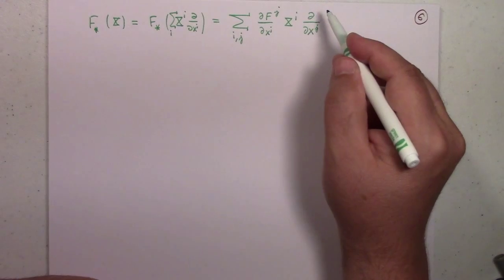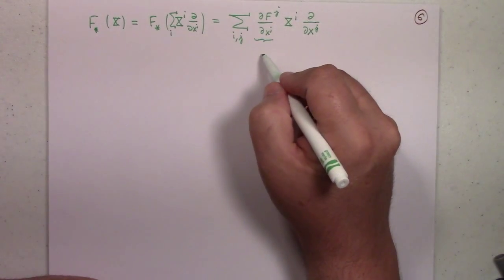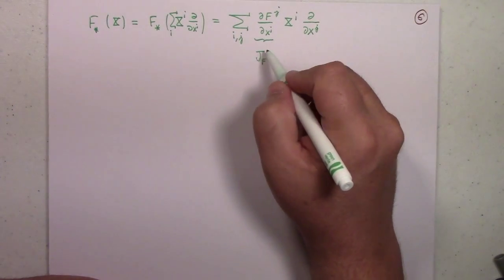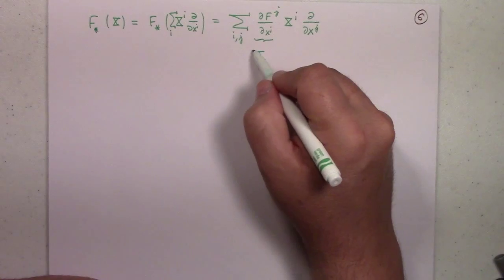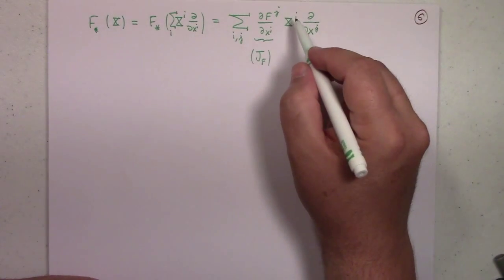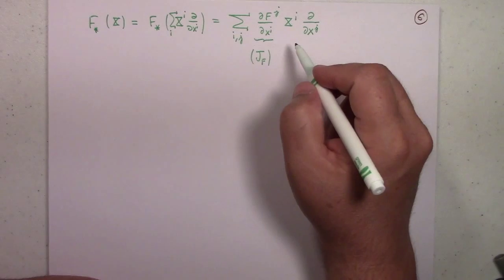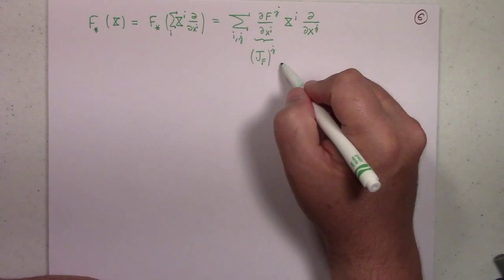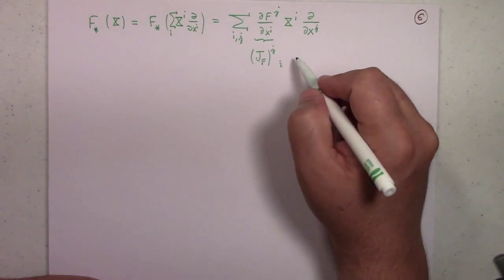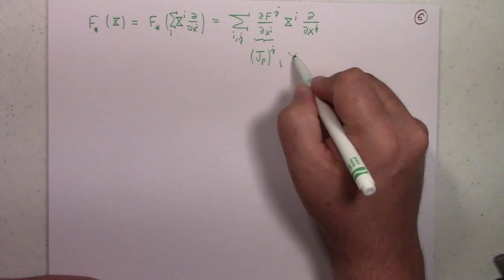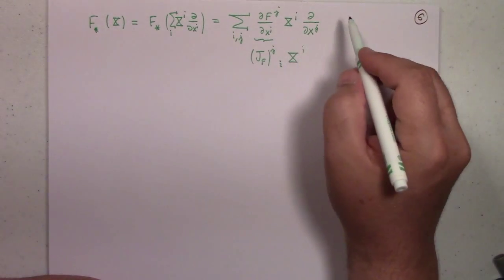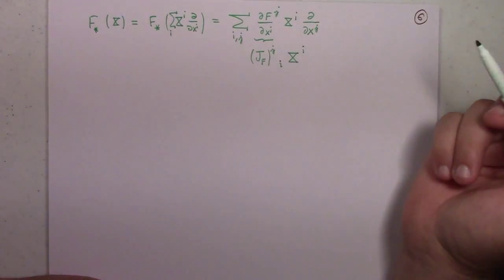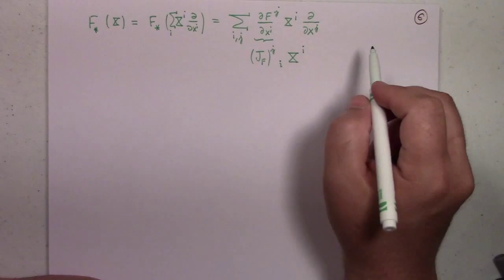But this is a lot to write, and really what you're boiling down to is the Jacobian matrix of F. The index conventions I try to use here are that this would be J, I, like that, and then X upper I. You see the J is up, the I is down.